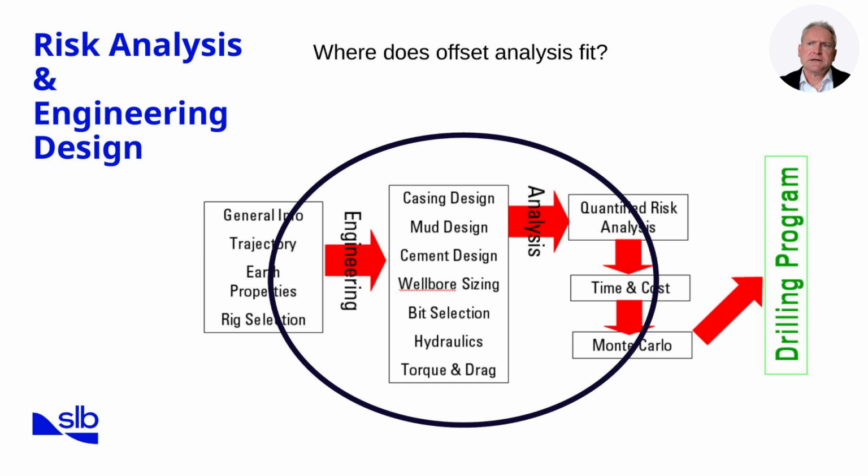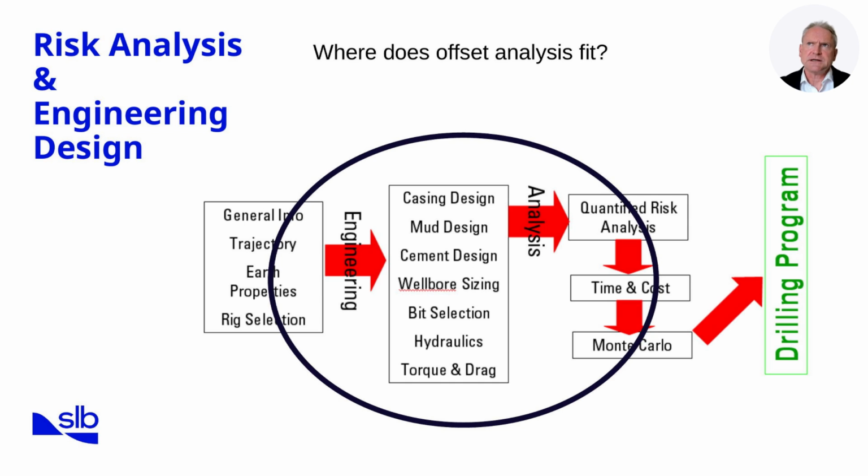Offset analysis is a critical input to engineering design. For example, if offset wells in the same area show severe losses in the 12¼ inch section, that knowledge must inform the casing program and mud weight plan for the next well. Similarly, if offsets show higher than expected pore pressure, then the design must adapt to prevent kicks or well control issues.